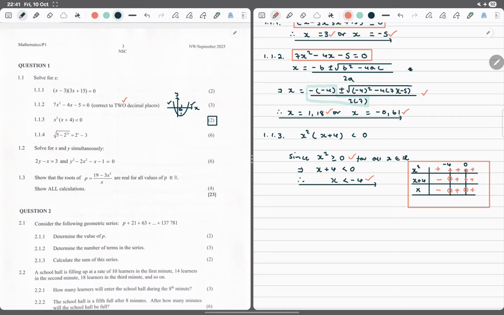So what are we saying? We want our product to be negative, meaning less than 0. And we see that 0 is not included. So if that's the case, this means we need to not include the 0, but we go in that direction. Okay, so this makes up for the conclusion that x must be less than minus 4.